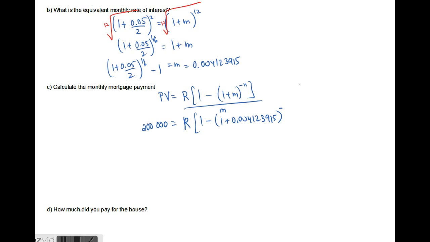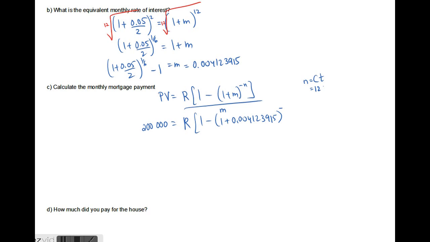Our n is compounding periods times time in years. Compounding periods here is monthly because we're doing monthly payments. This capital R is monthly payments.